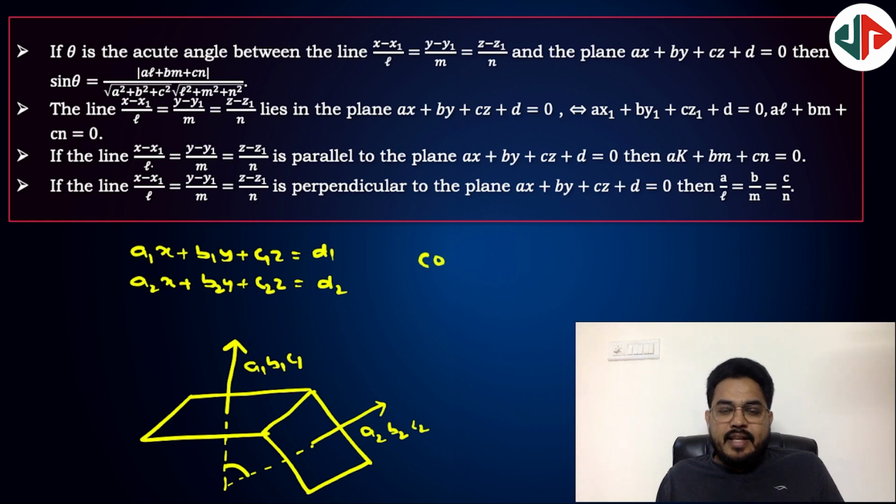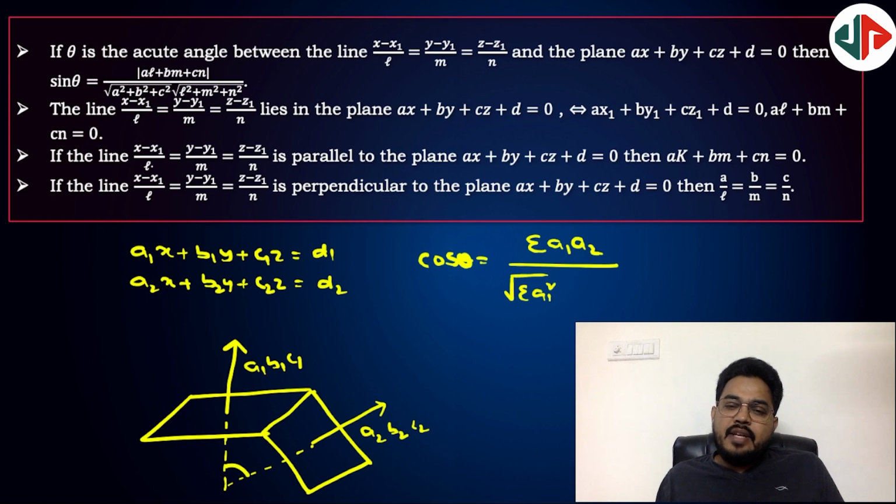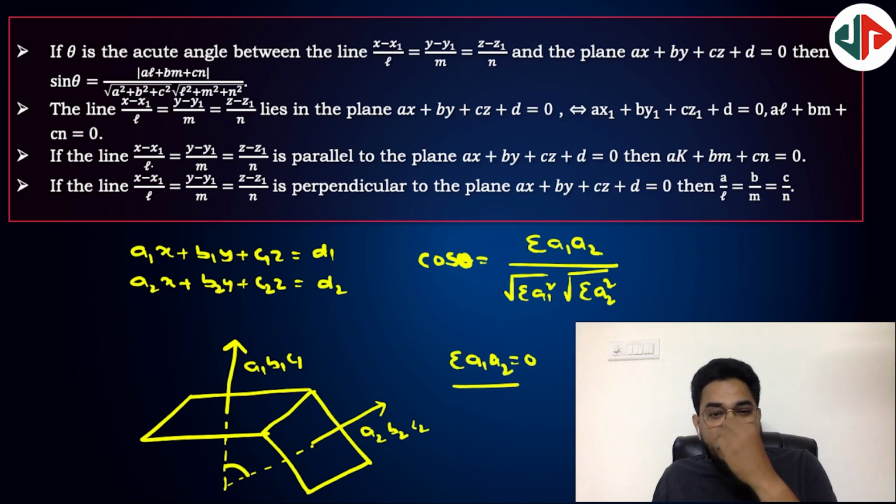So again, cos theta is equal to sigma A1 A2 by root over sigma A1 square into root over sigma A2 square. So if sigma A1 A2 is equal to 0, the two planes are mutually perpendicular.